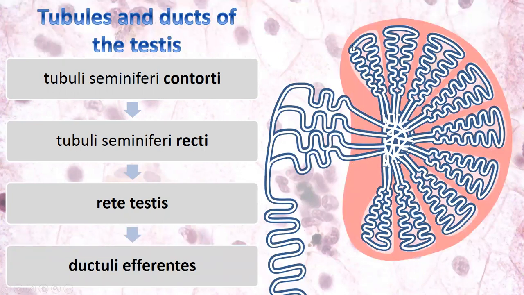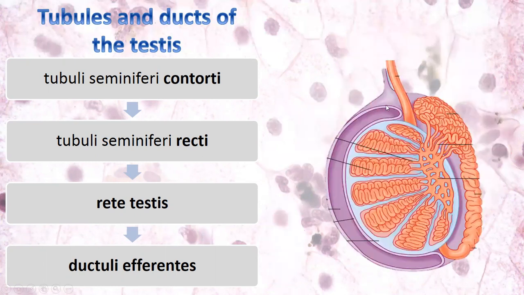And here we can see intralobular connective tissue and also dense fibrous connective tissue which forms the capsule and septa of the testis. And here we can see tunica vaginalis, a continuation of the peritoneum, which has a cavity with visceral and parietal layers, and between them there is a cavity filled with fluid.